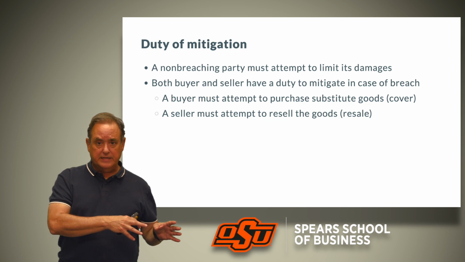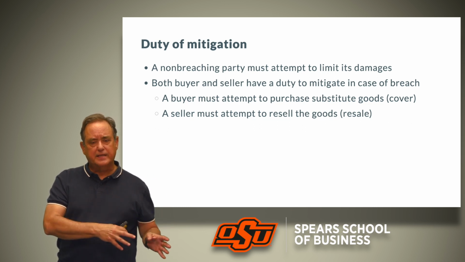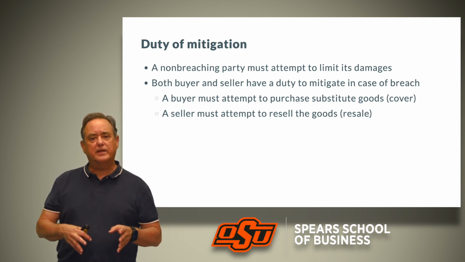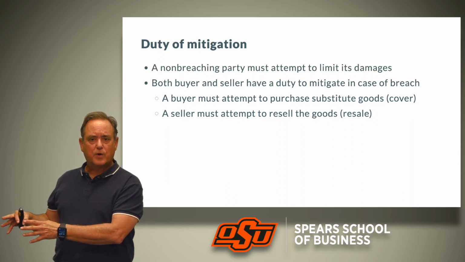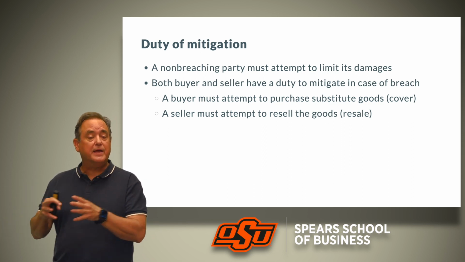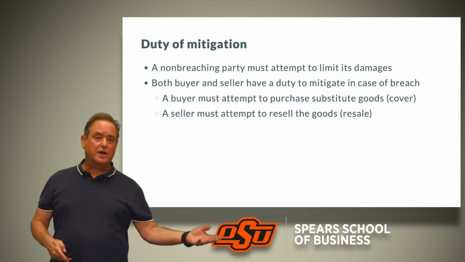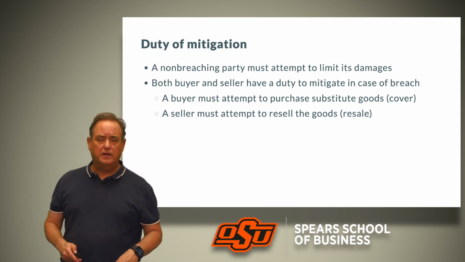Even if it is going to do so at a lower price, because then this remedy is going to be based on the difference between what the contract price was, what the buyer was supposed to pay, versus what they actually recovered in the resale of the goods.